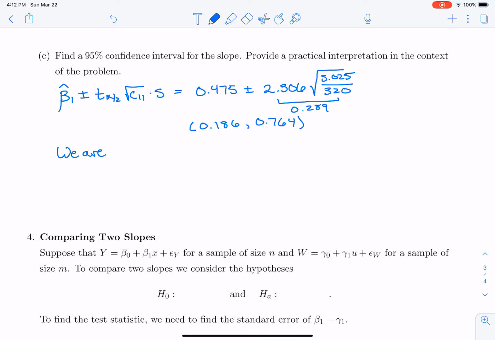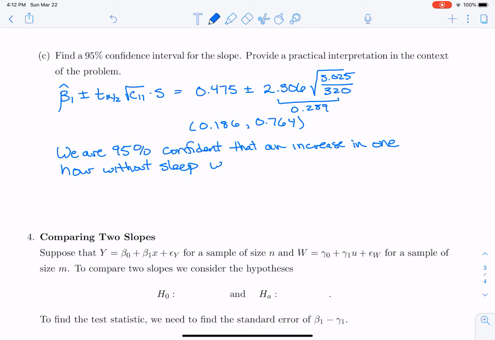It means that we are 95% confident that an increase in 1 hour without sleep will produce between 0.186 and 0.764 additional errors on average.